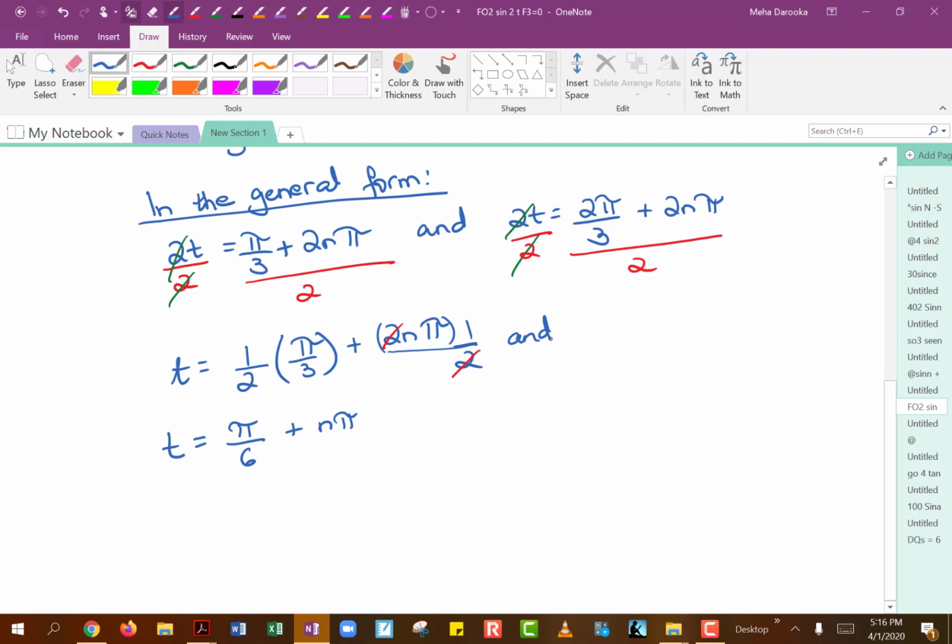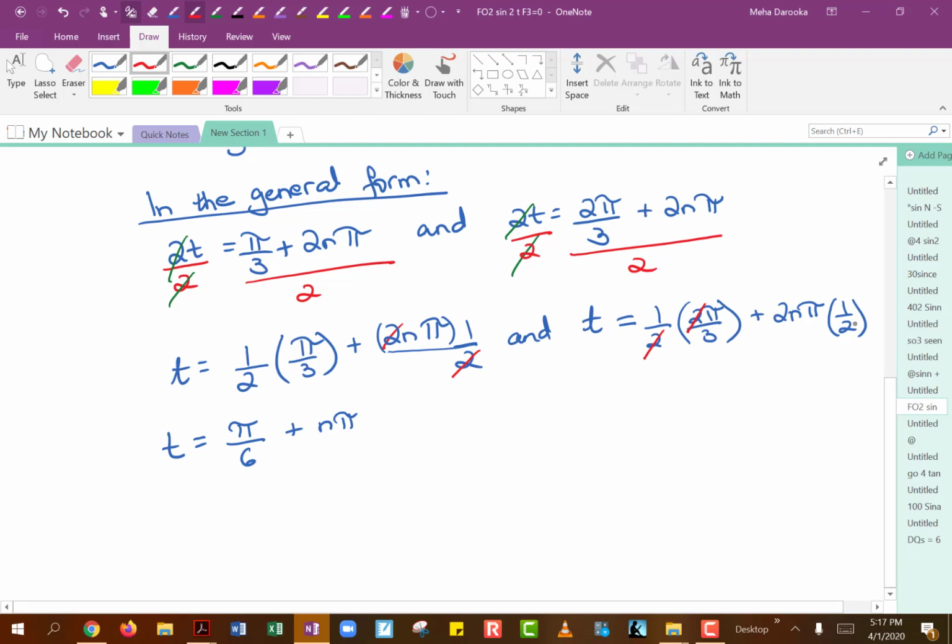And then same kind of thing is going to happen here for our second angle. So 2t divided by 2, so the 2's cancel out, leaving us behind with just the t. And then we are doing 1/2 multiplied with 2 pi over 3. And then 2n pi is also being multiplied by 1/2 or divided by 2. So on this first part, the 2 on the bottom and 2 on the top cancel out.